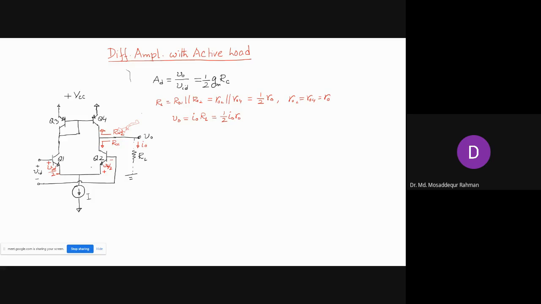Because of the polarity of these two voltages, current here flows down and here flows up. That's how the current flows in the differential amplifier. The current here, IC, is gm VBE, so we write gm Vid by 2. And on this side it will flow up. There is a negative polarity, but instead of writing negative, we just change the direction and show it like this. That's how the current will flow.